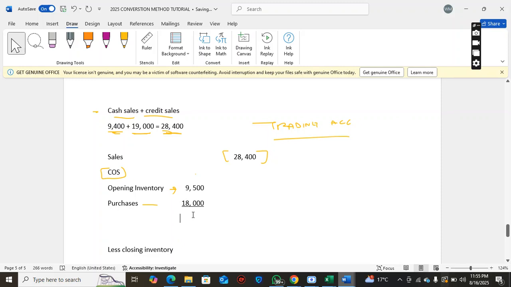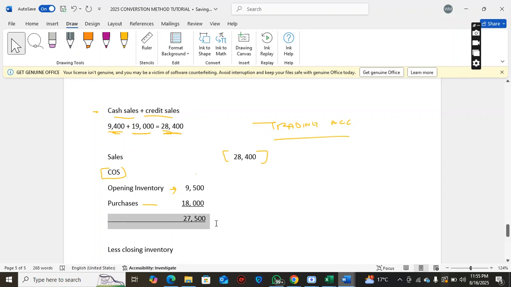95 plus 18,000. This is the total cost of goods available for sale.